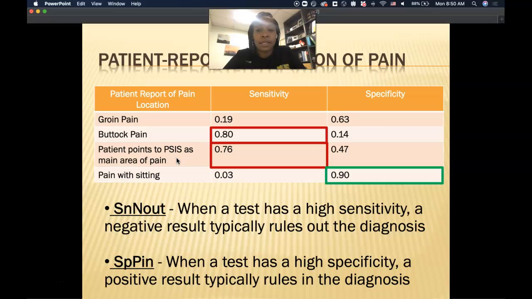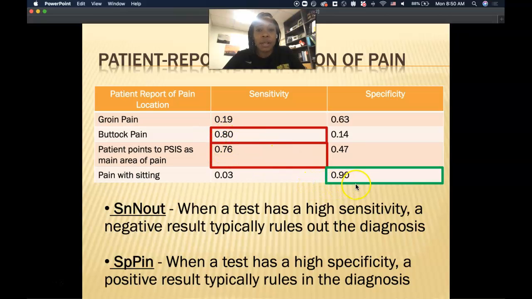What we know is that when patients didn't report pain in the buttock region or in the PSIS, in other words, when these were negative, then they didn't have the SI joint issue. Does that make sense? If they didn't report any of these symptoms, then they most often did not have SI joint issue. We were 80% certain that they didn't have the SI joint issue.